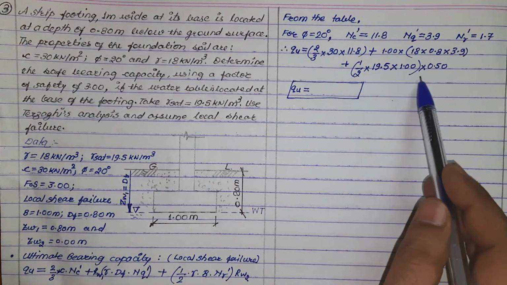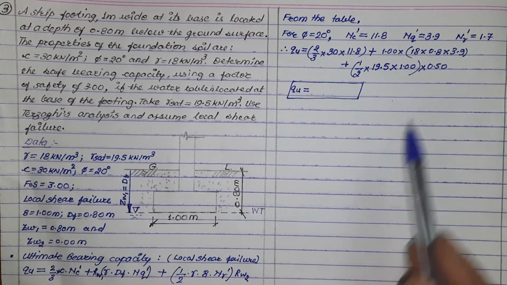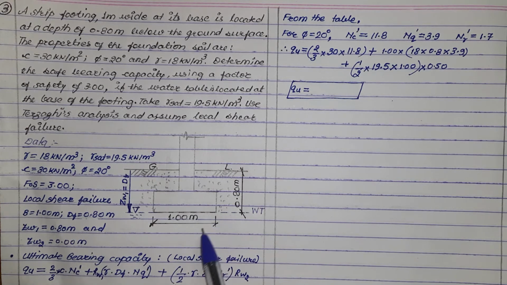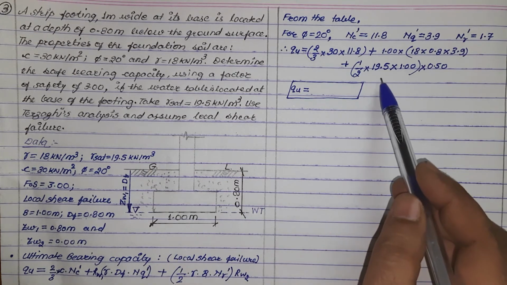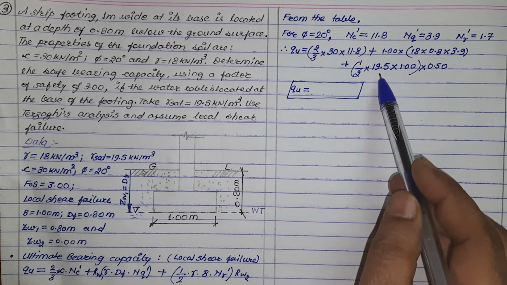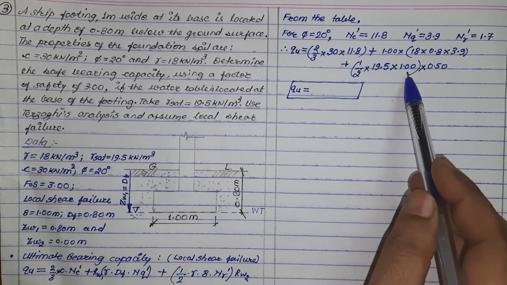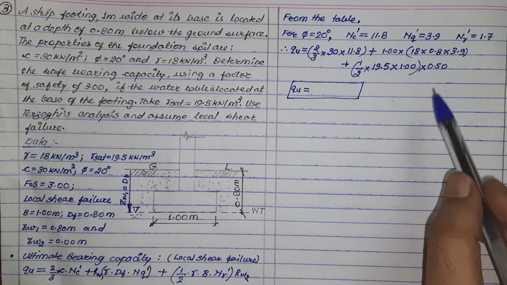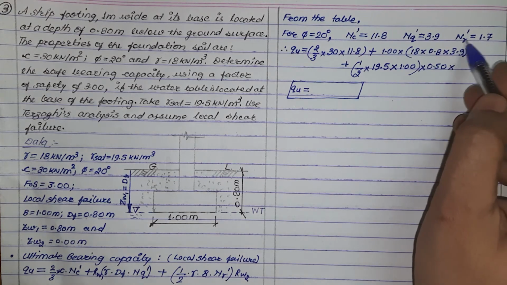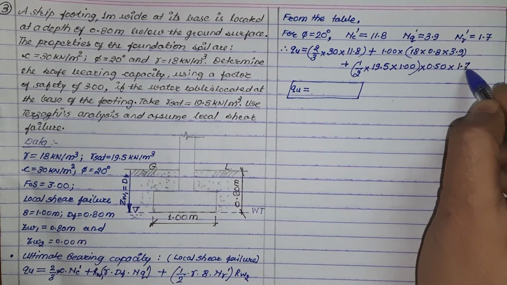This third term is related to the elastic wedge which is lying below the base of the foundation. And as we know, water table is located at the base of the foundation. This particular soil will be saturated soil. Hence, while substituting value of gamma in third term, we have to use saturated unit weight of the soil. So the term becomes half gamma B multiplied by reduction factor multiplied by N gamma dash, that is 1.7.